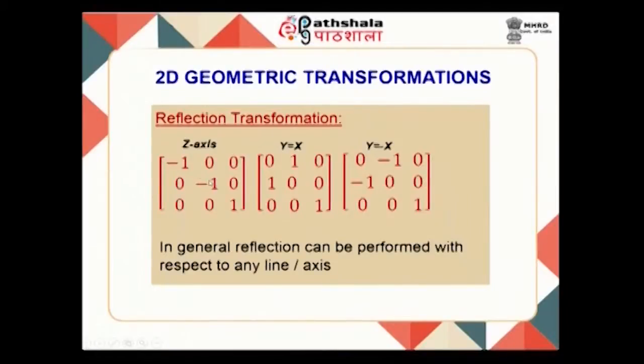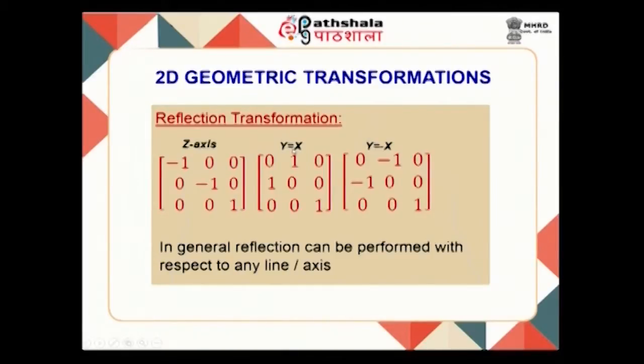So, if you have to perform a rotation, or that is reflection with respect to the z direction, which is an imaginary axis, both the x and y become negative. So, that is x dashed is equal to minus x and y dashed is equal to minus y. So, the matrix that represents z axis reflection is minus 1 0 0, 0 minus 1 0 and 0 0 1.